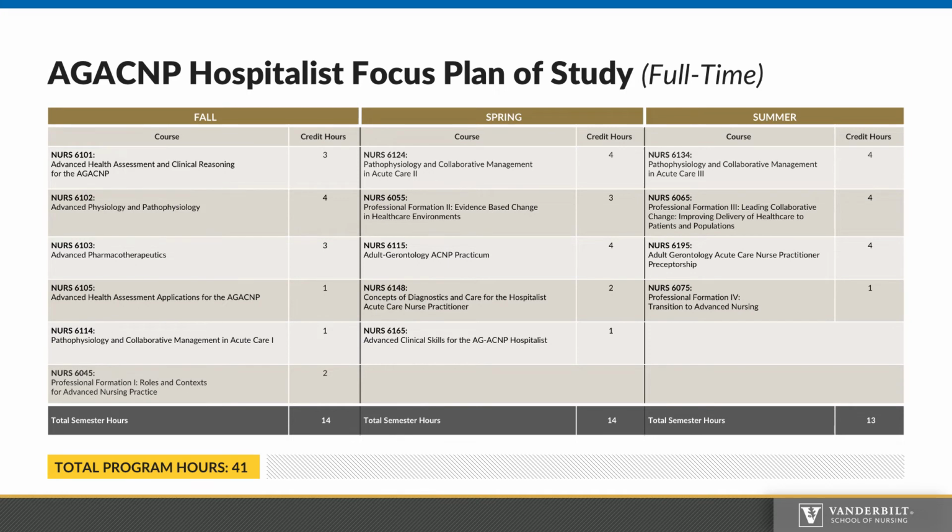Students who are in Nursing 6115 and 6195 are each assigned to a clinical course faculty member. For those students who are in the hospitalist focus, they will be assigned to either Dr. McNabb or myself for the duration of their clinical experience. The purpose of this is to further discuss hospitalist-related issues as they come up in conference on a weekly basis.